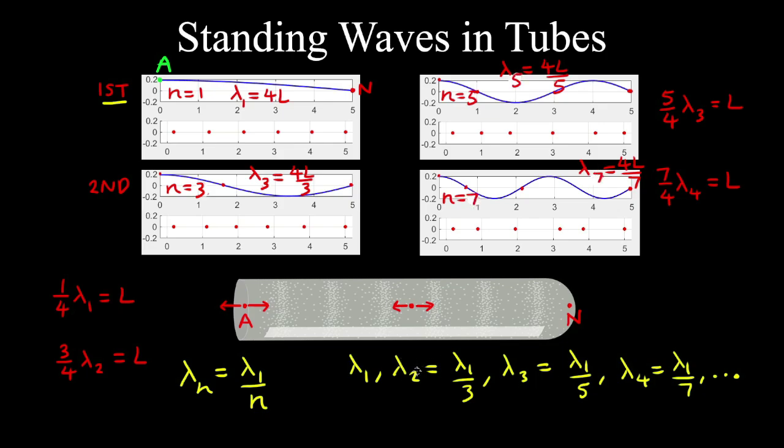So therefore we can index the wavelengths of these harmonics as odd numbers. And then that gives us our relationship between our subsequent harmonics and our fundamental or first harmonic, which effectively depends on the length of the tube.